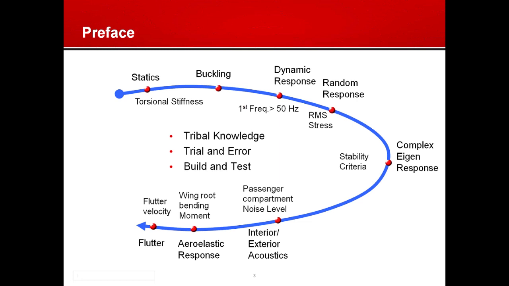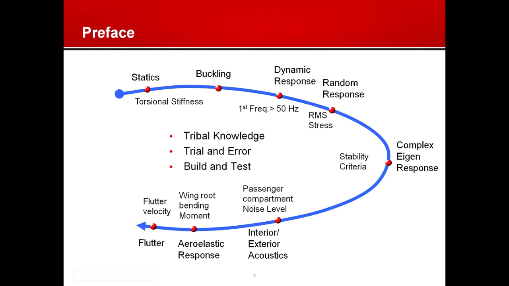Stability criteria, for example, would involve the complex eigenvalue solutions. You may have requirement for stability, and you may also have requirement for acoustic in the interior of a car or an airplane, for example.